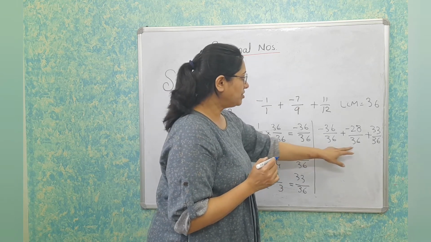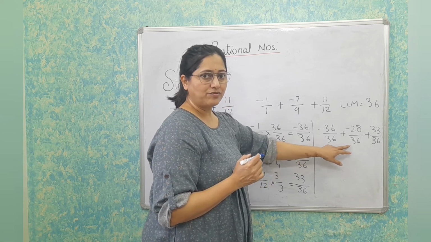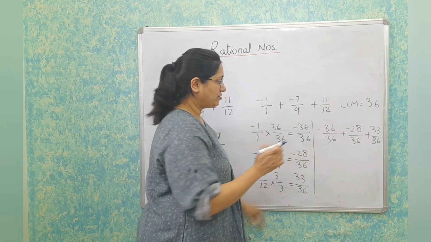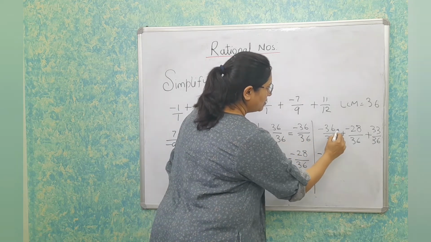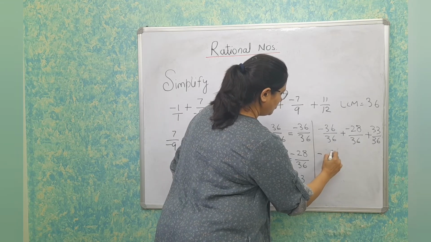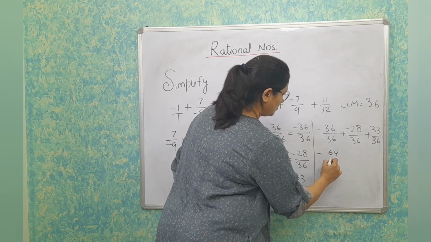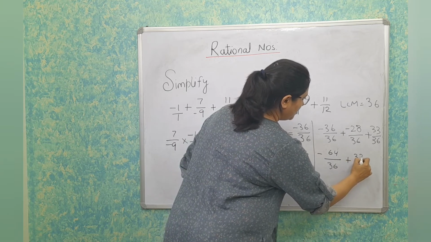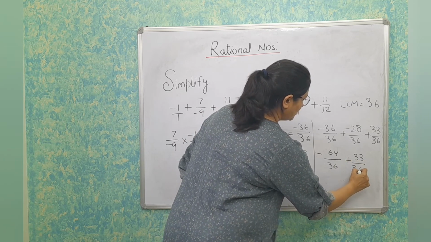See, these two numbers have a negative sign. So first we will add these two numbers, but still we will put a negative sign. 36 plus 28 is 64, so minus 64 upon 36 plus 33 upon 36.